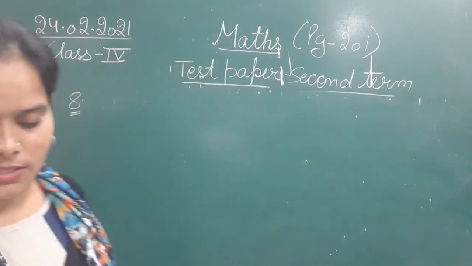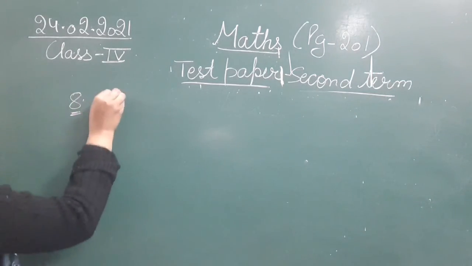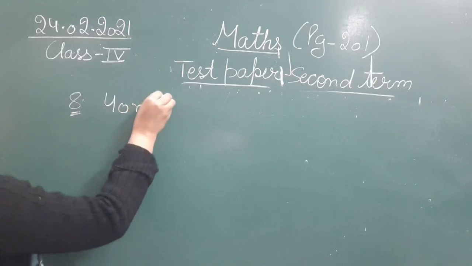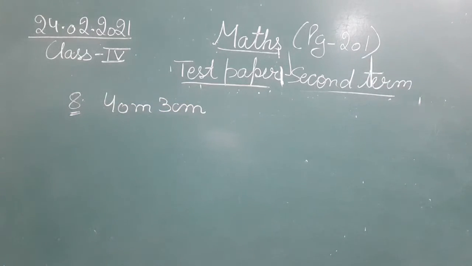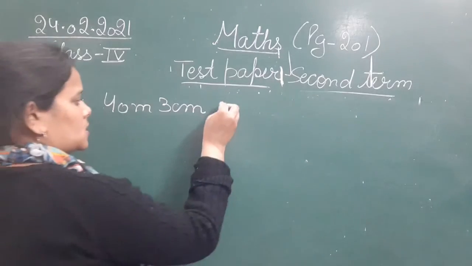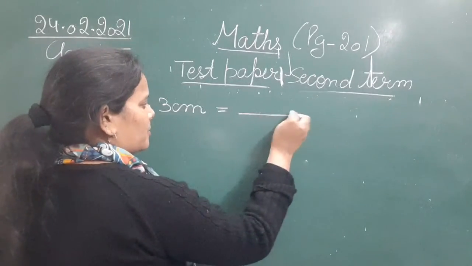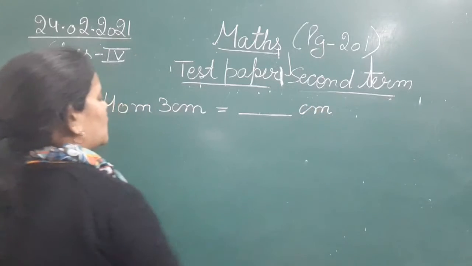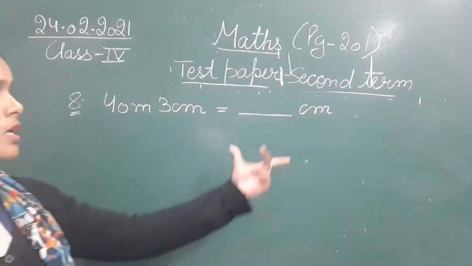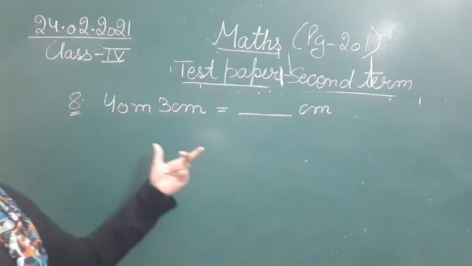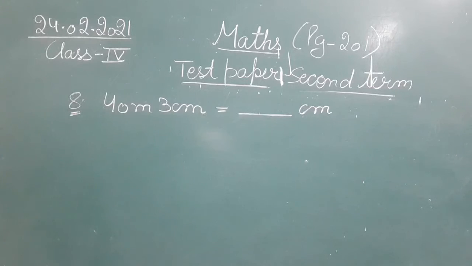Okay, that is 40 meter 3 centimeter. 40 meter 3 centimeter is equal to how many centimeters? So that means हमें 40 meter 3 centimeter को convert करना है centimeter में.